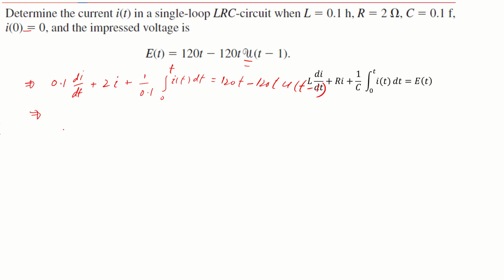So we will be having di by dt plus 20i plus 100 integral from 0 to t I t dt is equal to 1200. We may write that as t minus t u(t minus 1).